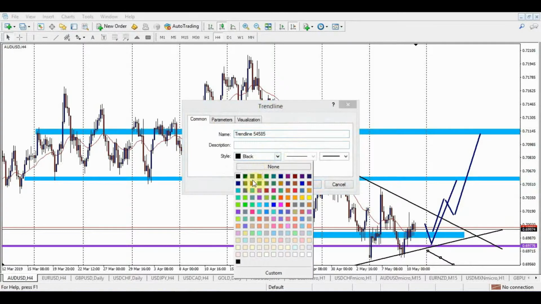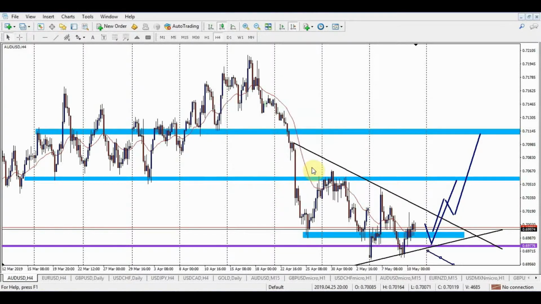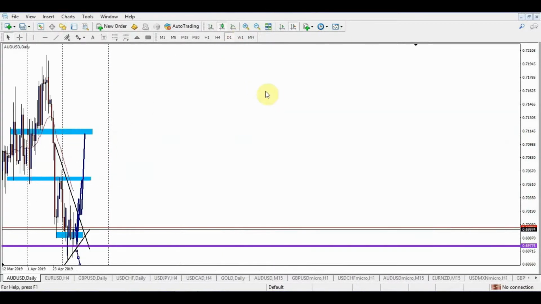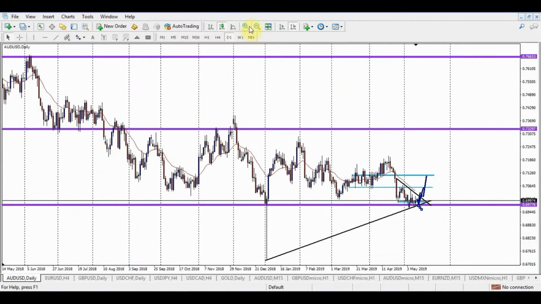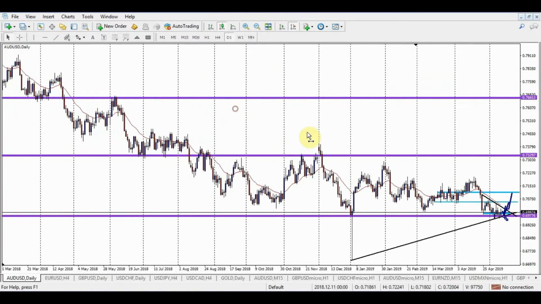Alright, and basically what we're seeing here is structure. Let me go to the daily. I was telling you guys, right? Okay, let me zoom out.